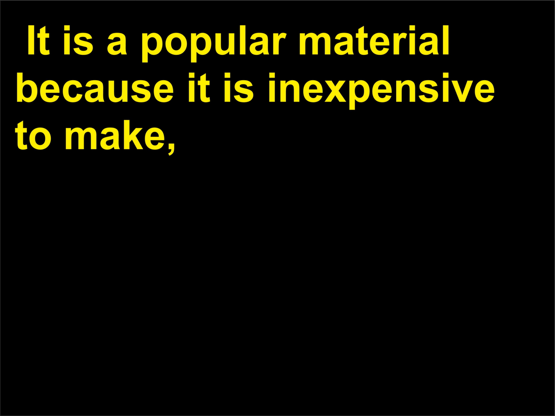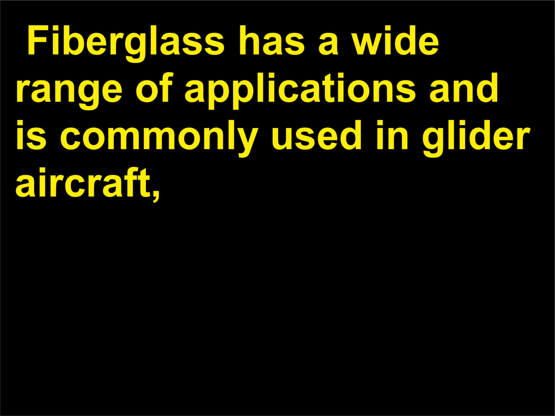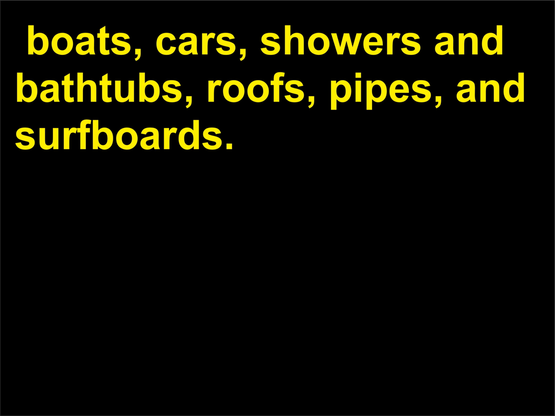It is a popular material because it is inexpensive to make, and its strength and weight properties compare favorably against those of metals for many applications. Fiberglass has a wide range of applications and is commonly used in glider aircraft, boats, cars, showers and bathtubs, roofs, pipes, and surfboards.